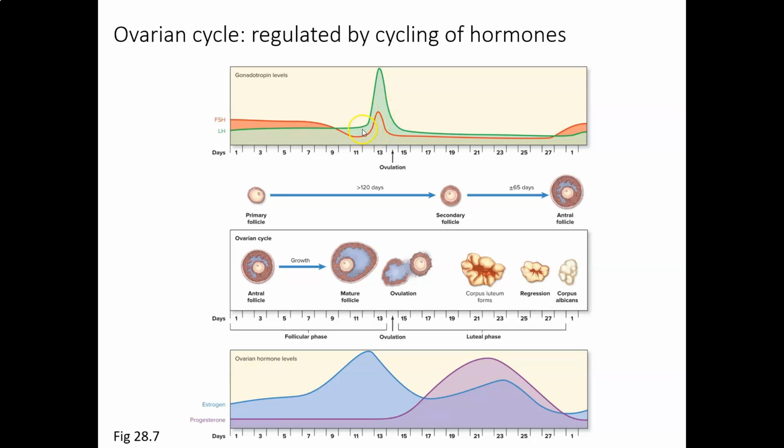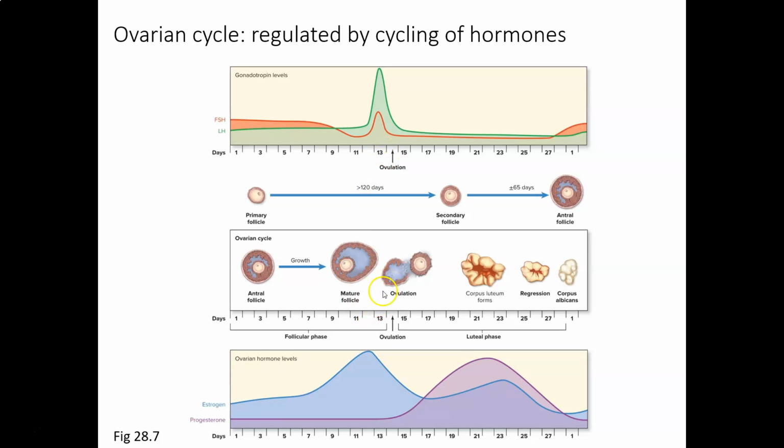All that inhibition is all of a sudden let loose, and you have a spike of FSH and an even more prominent spike of LH hormone. That's going to dramatically increase the size of the follicle, and therefore you have the pop of the follicle, then ovulation happens. So the spikes of the LH and FSH are a direct trigger of the ovulation.